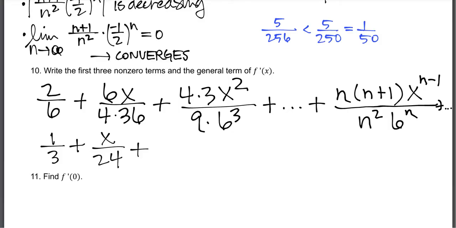I'm going to take that 6 to the third, and I'm going to make it 3 to the third and 2 to the third. Yeah, I like that. So I'm going to end up with 2 powers of 3 and a 2 down here. All right, 9 times 9 is 81, times 2 is 162.